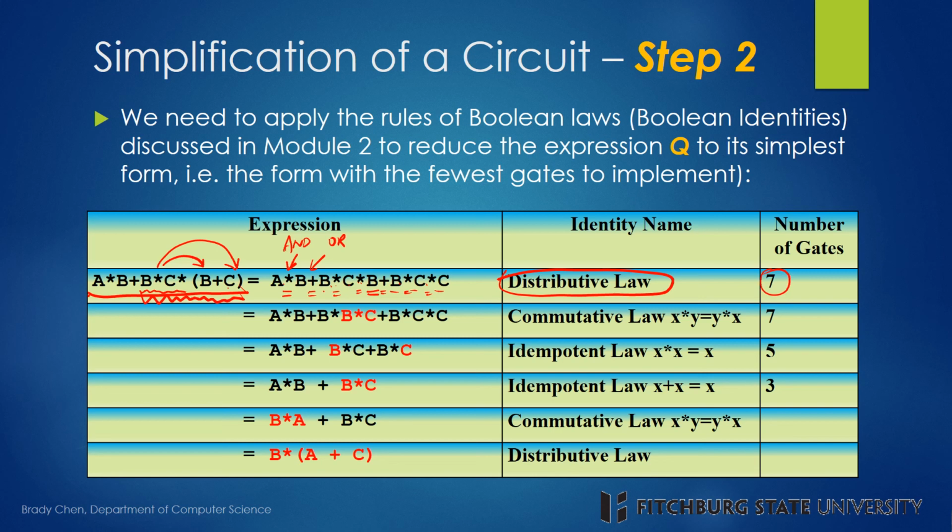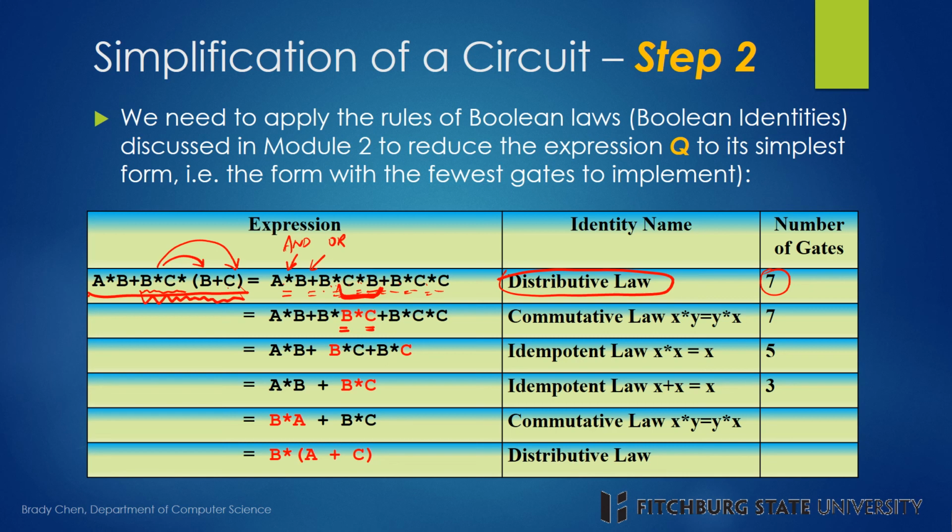Now the next thing we're going to do is look at these Boolean identities and try to simplify even further. So we switch the order between C and B, so we put the B before C. Now why do we want to do this?